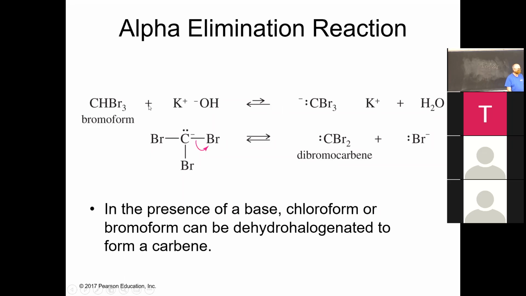It reacts with hydroxide to form this anion. The hydroxide pulls off this hydrogen. And then we have what's called a spontaneous alpha elimination, where we have heterolysis, this bromide just leaves, and that gives us a dibromocarbene.